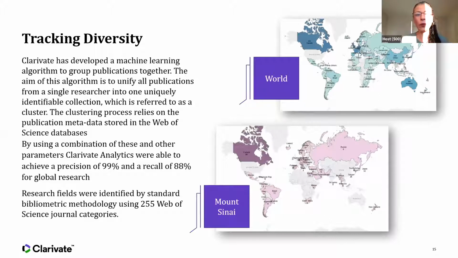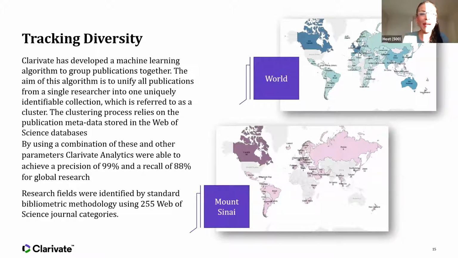And the way that we worked with Clarivate was for them to collect the affiliation data for our faculty members based on faculty profiles, and then analyze the affiliations, their first affiliations before they came to Sinai.